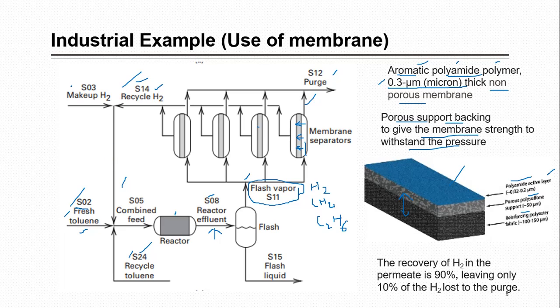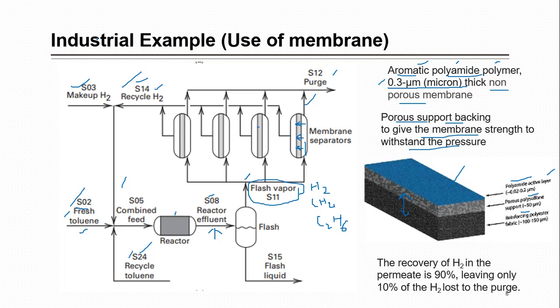So this will save the cost of makeup, and also in the purge system, while you were releasing the hydrogen, at the same time you were also spending on the heating, cooling and compressing of gases, methane and ethane present inside the system. So when you compare all these advantages, definitely this system is more effective as compared to the old system.